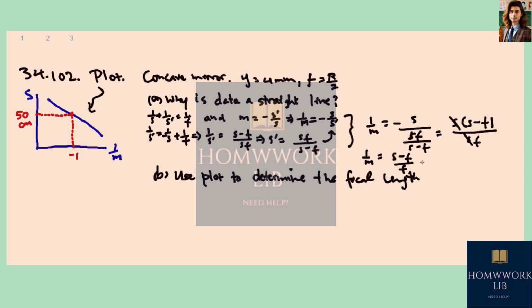And if I wanted, I can solve for s as a function of m, meaning I can isolate s and write it in terms of m. So I can rearrange this, and that will give me that s is f times 1 minus 1 over m.